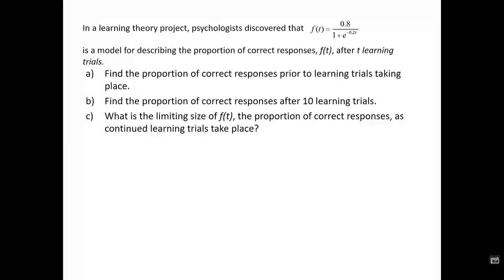All right, let's look at an example of the logistic growth model. This is actually checkpoint number 3 from the text. In a learning theory project, psychologists discovered that the function given by f of t is equal to 0.8 divided by 1 plus e to the minus 0.2t is a model for describing the proportion of correct responses f of t after t learning trials.